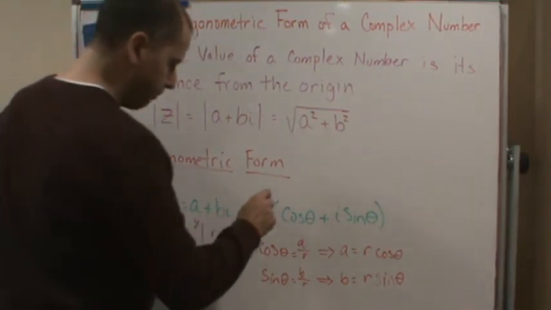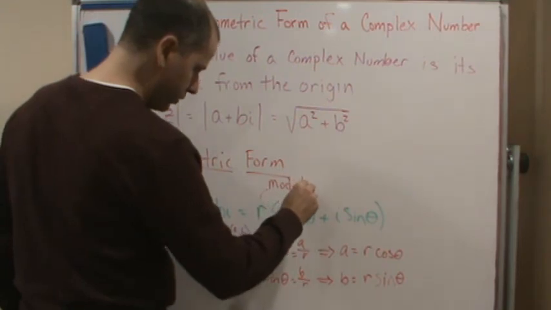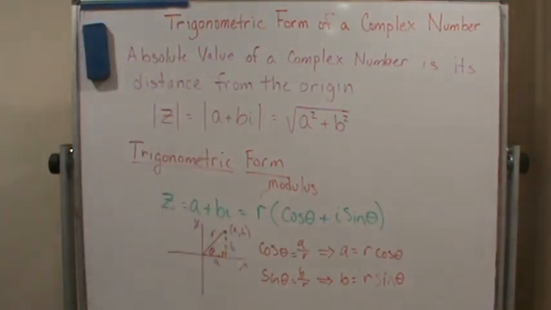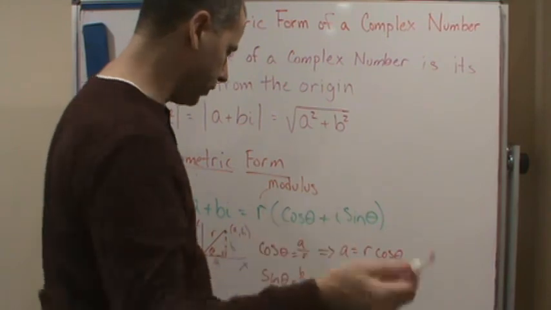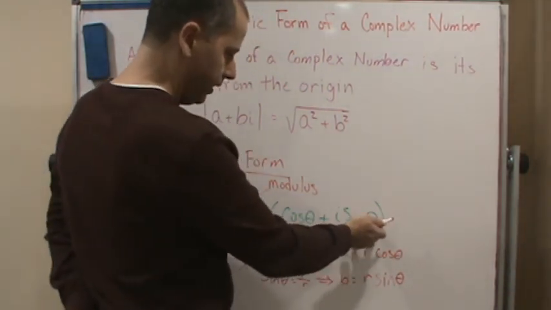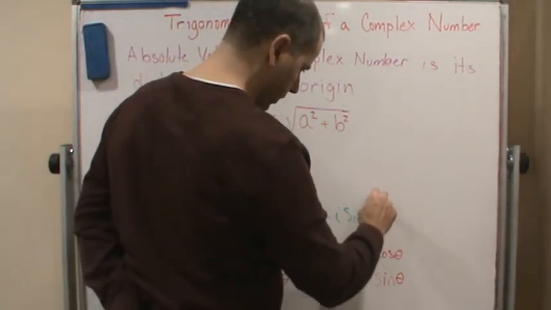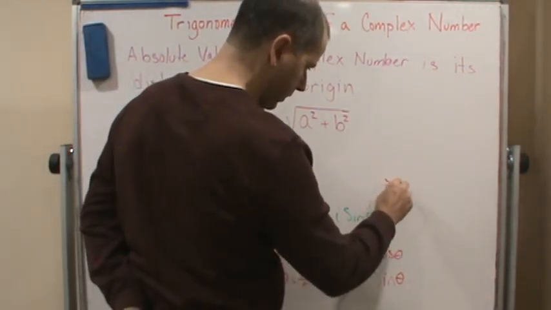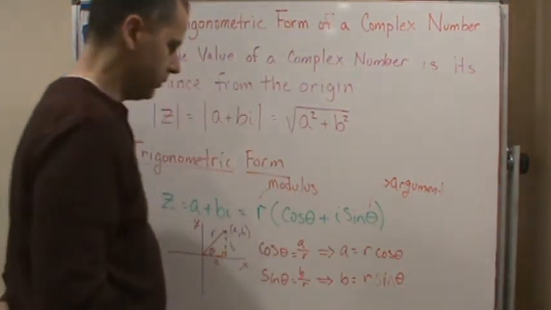So r is called the modulus, just so you have some terminology here. And theta is called the argument, of course. That should be obvious because that's what we normally call theta, or any variable that's going into the function. So again, theta is called the argument.